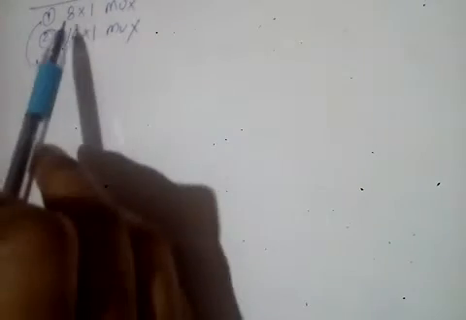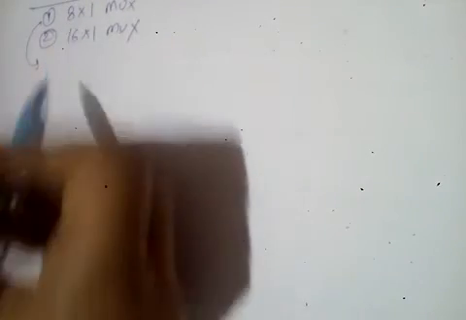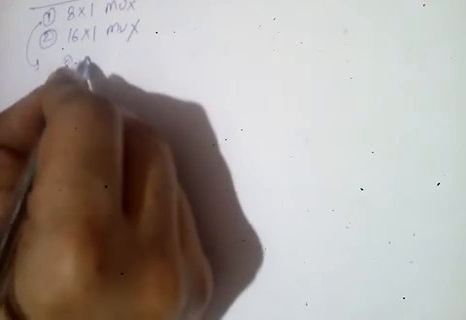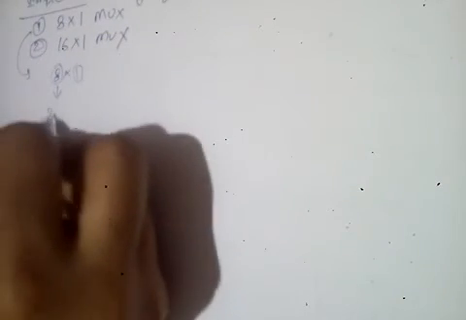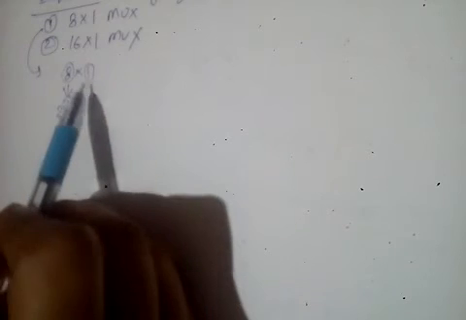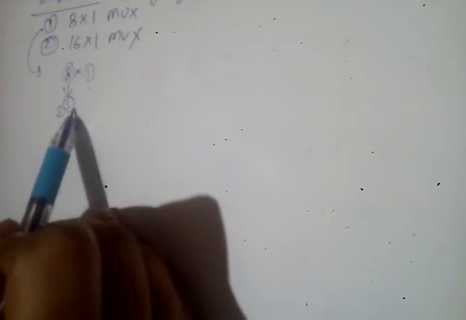8x1 mux means we have 8 inputs and 1 output, and this is 2 raised to the power 3, so there will be 3 selection lines in 8x1 mux. So we need 3 selection lines and 8 inputs.